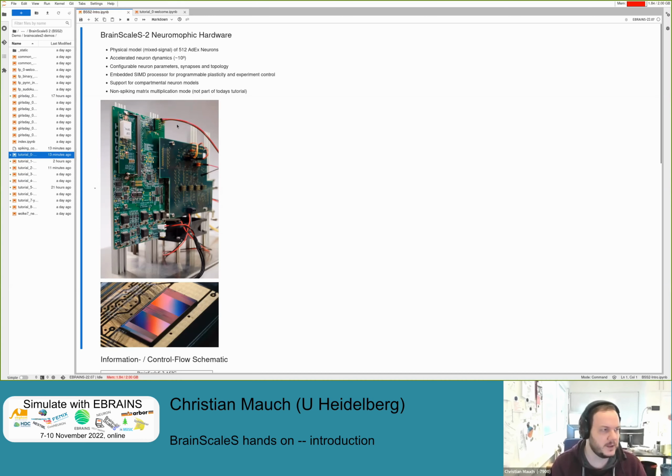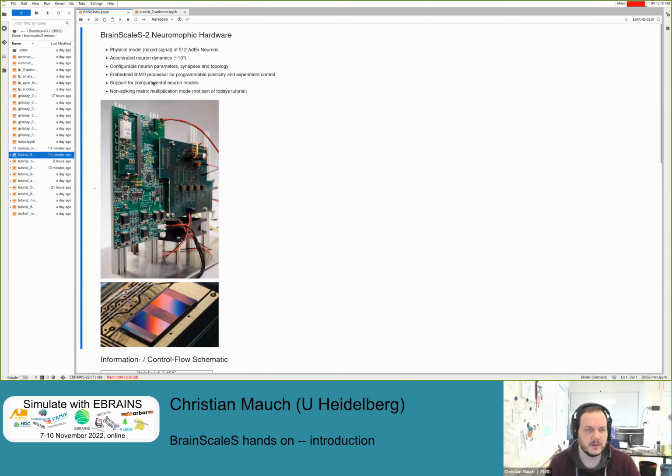One of the main features of this new generation of ASICs is the embedded processor, which enables the programmable plasticity and also the experimental control, for example.